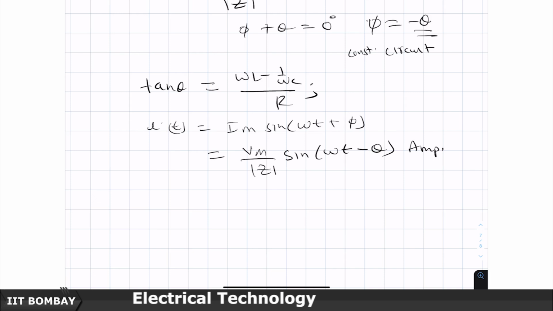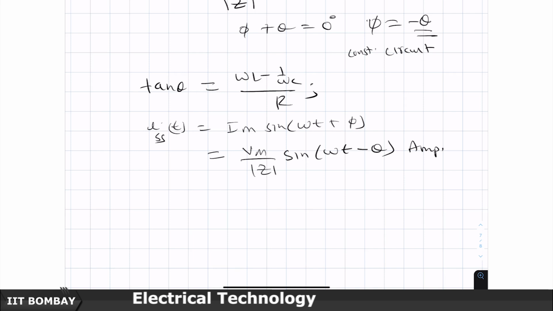So, a sinusoid at the same frequency, remember this very clearly now. If you give a sinusoidal excitation to a series RLC circuit, the steady state response is also going to be a sinusoid at the same frequency.